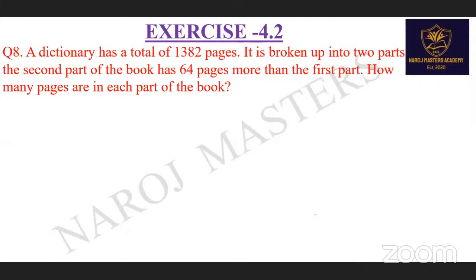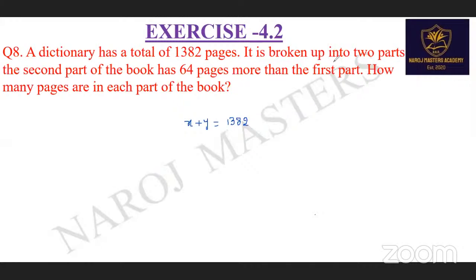So first of all, the book has been broken into two parts. Let the first part be x and the second part be y. The total number of pages in x plus the total number of pages in y is equal to 1382 pages.